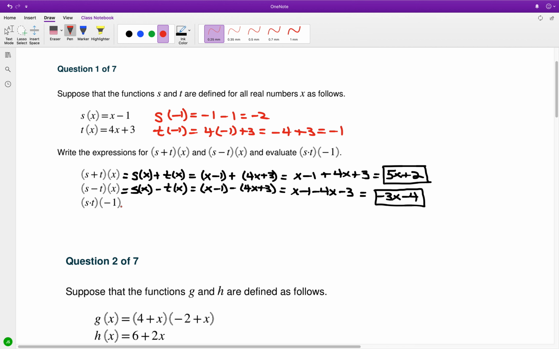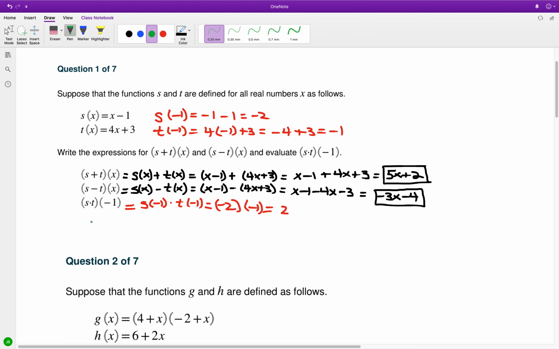So s times t of negative 1 is s of negative 1 times t of negative 1. S of negative 1 is negative 2, and t of negative 1 is minus 1. Negative 2 times negative 1 comes out to a positive 2.